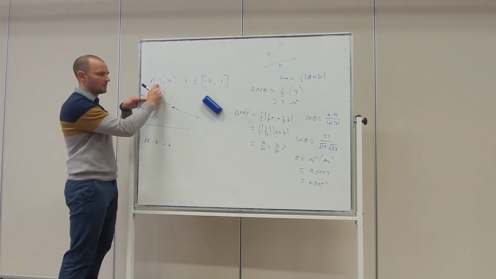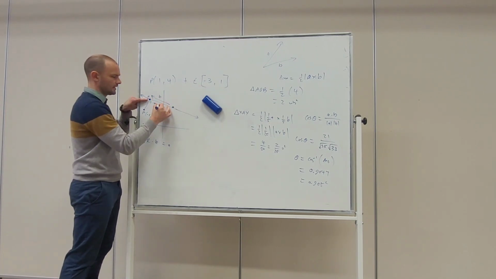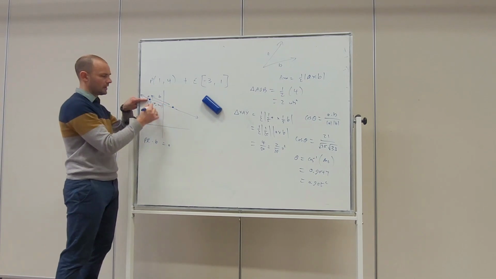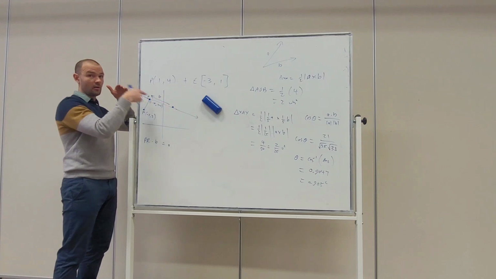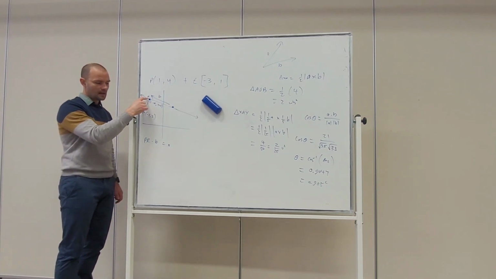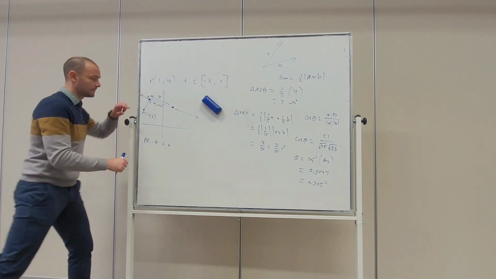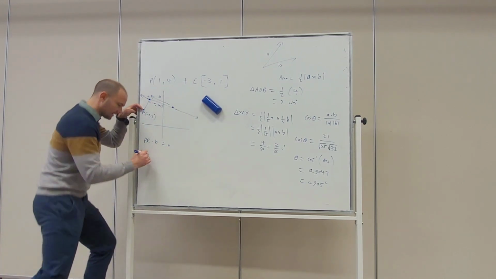The x is going to be 1 take 3t, and the y is going to be 4 plus t. Now those coordinates represent any point along this line, and so what we're going to do is find vector PR. So that's going to be the vector between this point and any coordinate on this line. So let's do that first.